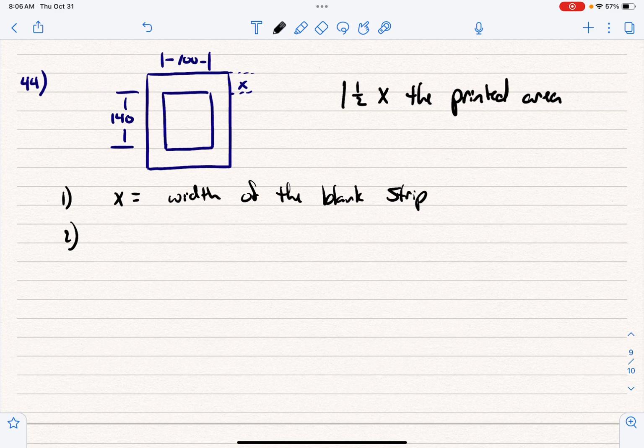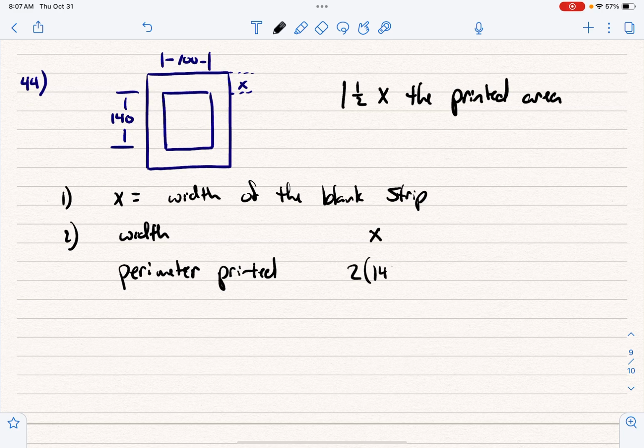We're going to translate. And so the width is X. And then we can say that the perimeter of the printed area is going to be 2 times 140 plus 2 times 100, which equals 480. 280 plus 200 more would be 480.